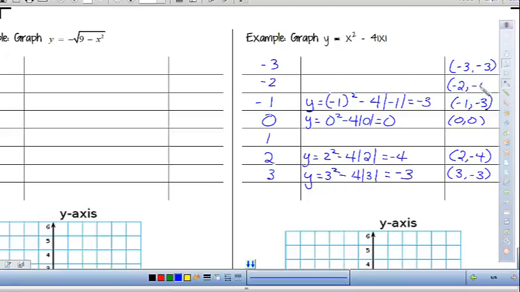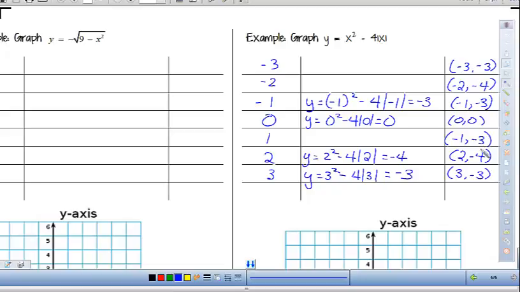Okay, negative 4. Something we'll talk about a little later is symmetry. And it looks like we have symmetry here. And for 1, I'm guessing you probably got negative 3. Is that right? Okay, very good.